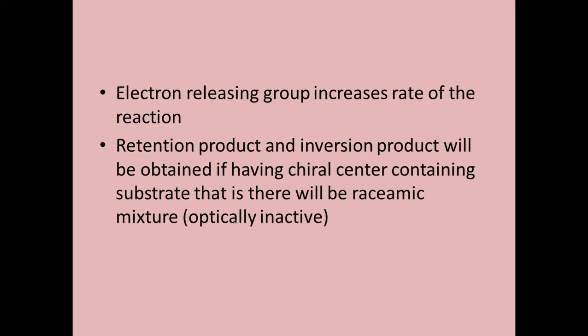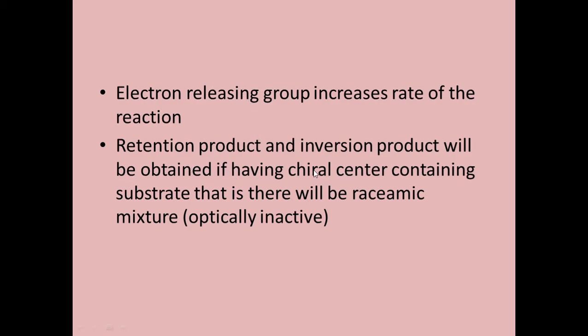Since we have the carbocation, right? In the first step we will get the carbocation, and that will be the rate determining step. So if there is a carbocation, the incoming nucleophile can attack from both sides, right? So first we will have one retention product, that is the same configuration, just a replacement, and an inversion product, which means attacking from the back side of the carbocation, will be obtained.